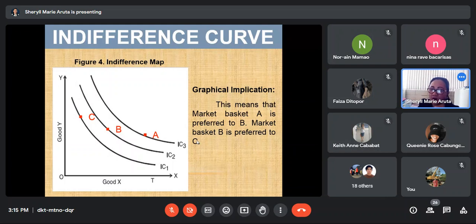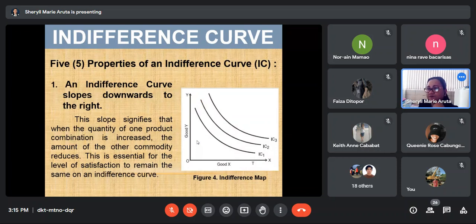And as we know, all indifference curves that are below will have lesser satisfaction. So if we are given a chance to choose, we will choose point A on indifference curve 3. The least option is point C in indifference curve 1 because it provides lesser satisfaction. So most likely, that is the analysis in the exam tomorrow.